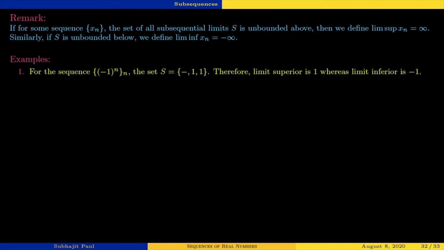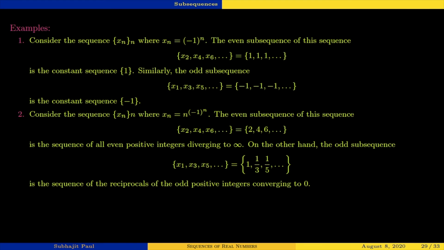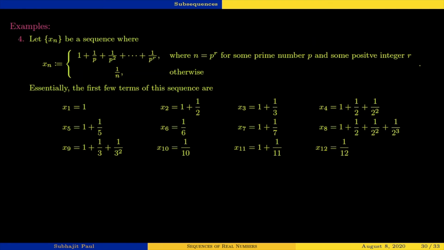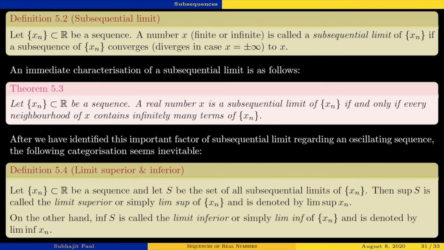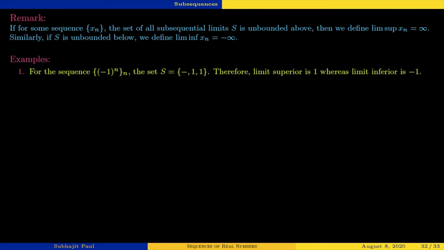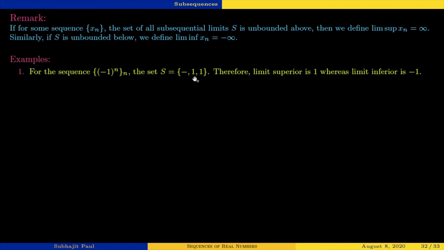Examples: for the sequence minus 1 to the power n. We will be doing these examples only, these 4 examples of sequences we saw, and we will try to find out the lim sup and lim inf of each. For this sequence, the set of all subsequential limits is minus 1 comma 1 (a printing mistake in the notes).